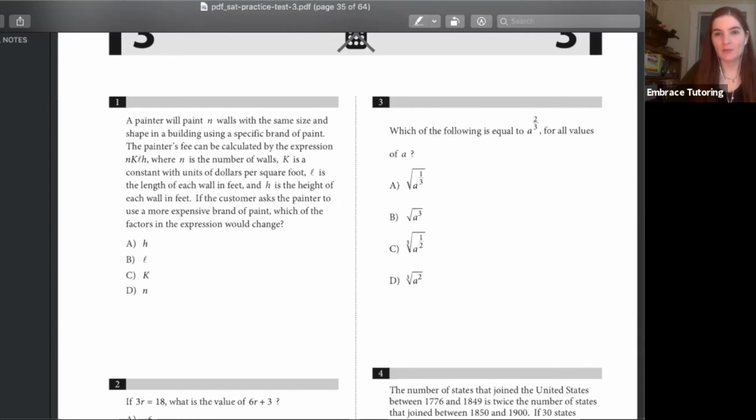Okay, does anyone have any questions from the math problems that you wanted to look at as a class, or that you didn't understand, or anything that you want to go over?